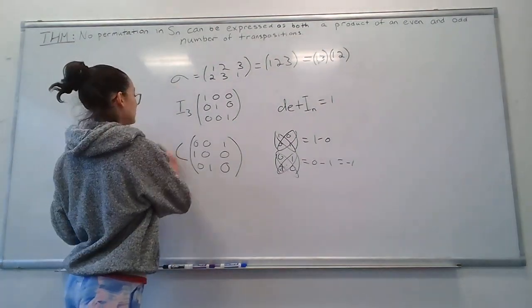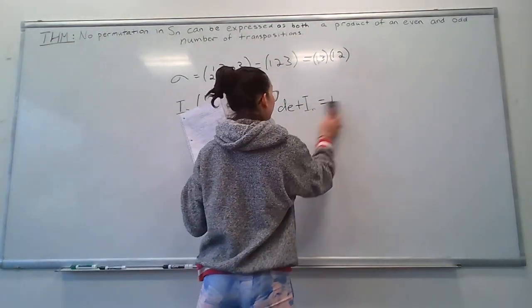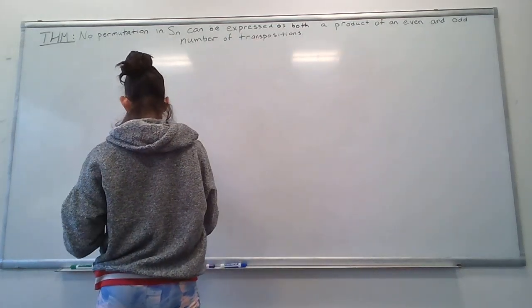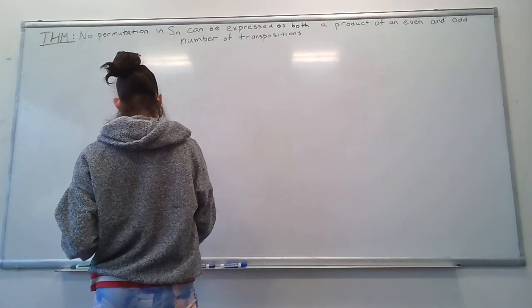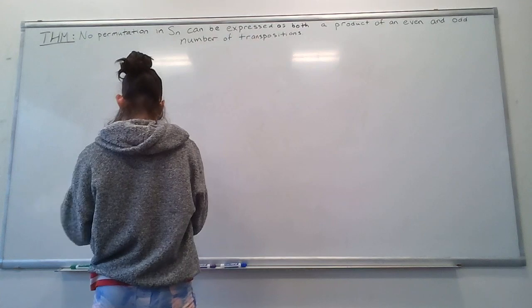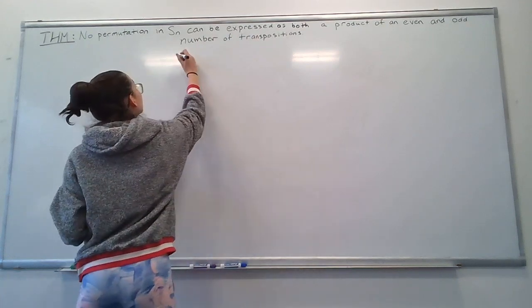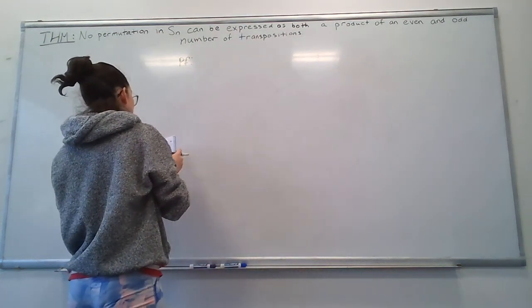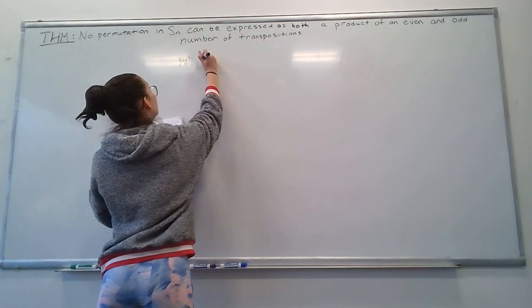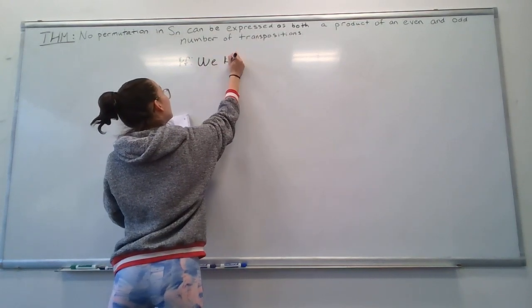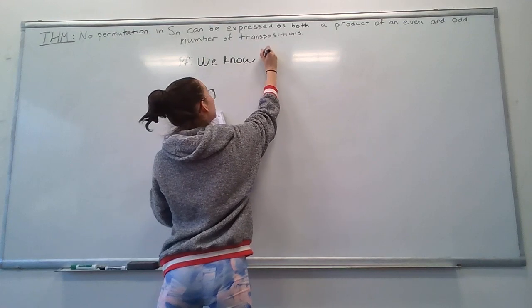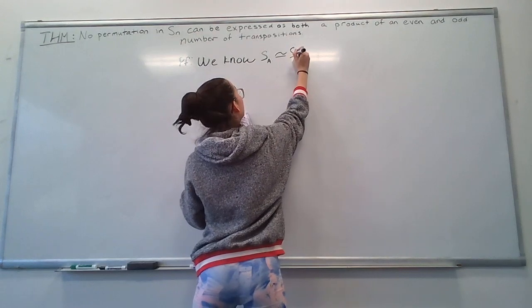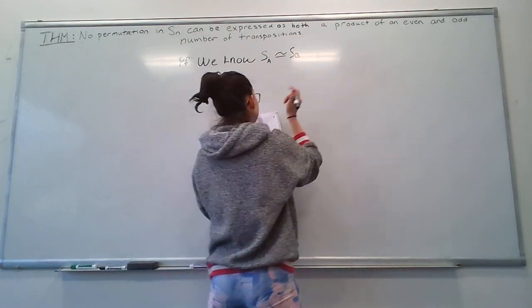So going on to the actual proof. So we know that S_A is isomorphic to S_B if A and B have the same cardinality.